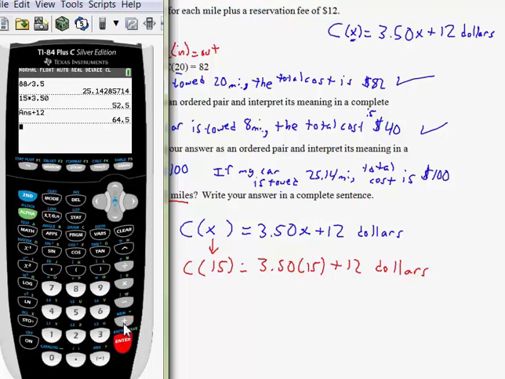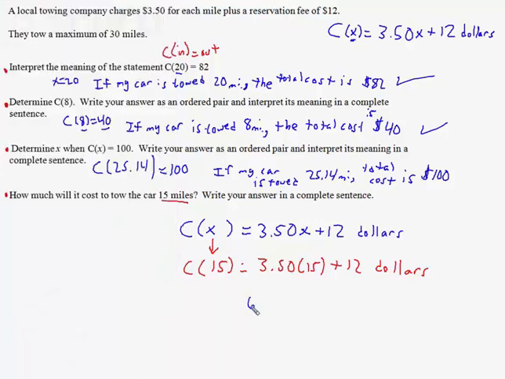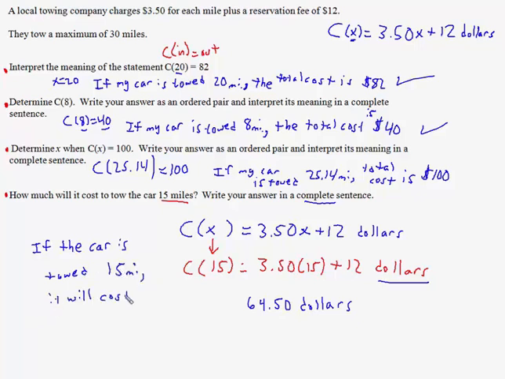So my bill comes out to be $64.50, and my output unit was in dollars, and this is total cost. So how much will it cost to tow the car 15 miles? Write your answer in a complete sentence. So if the car is towed 15 miles, it will cost exactly $64.50. I'm just going to use a dollar symbol there.